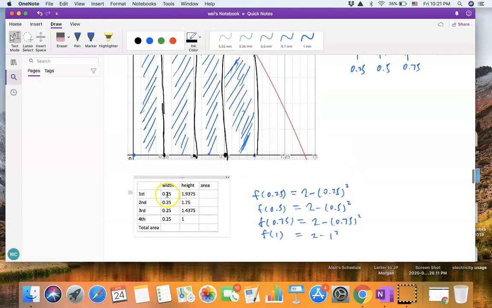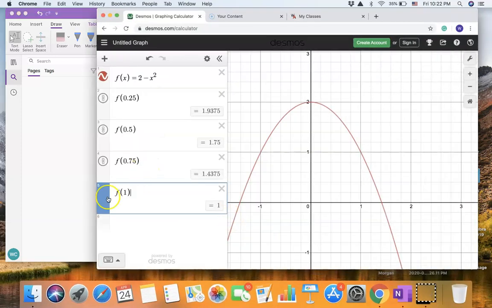Once we know the base and the height of each rectangle, we can find the area of each rectangle by multiplying the width and the height. So for the first rectangle, the area is 0.25 times 1.9375. So we multiply this by 0.25.